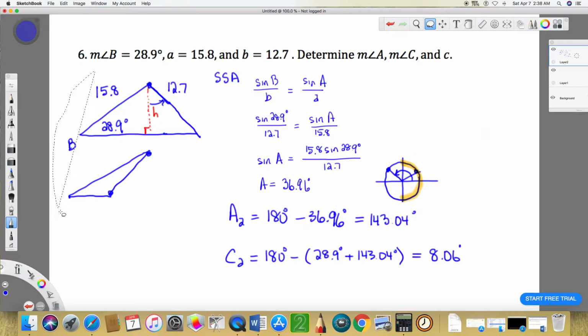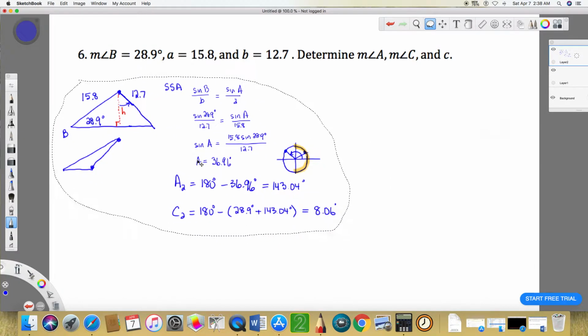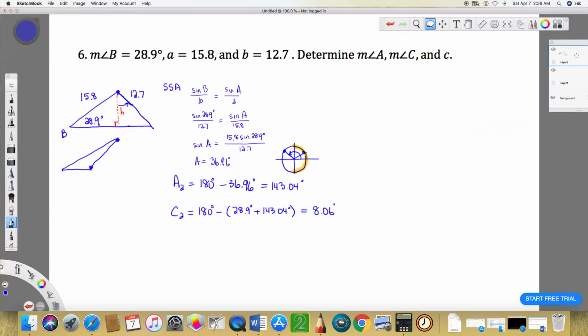Shrink this up. So let's return to that ratio of the sine of b over b, and we know it's equal to the sine of c over c. So we've got our 28.9.